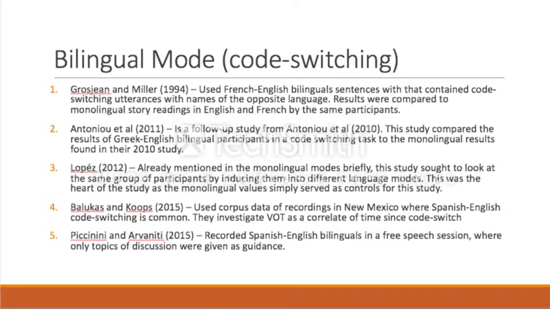So the participants had been split into two groups, randomly assigned, half to the Greek monolingual group and half to the English monolingual group. And so therefore, in the 2011 paper, they came back, and the people that had been assigned to the Greek monolingual mode the first time were given the task of the English monolingual mode and vice versa.